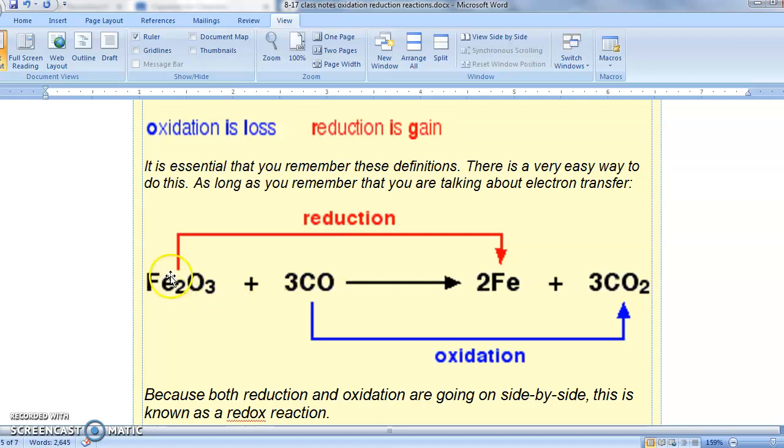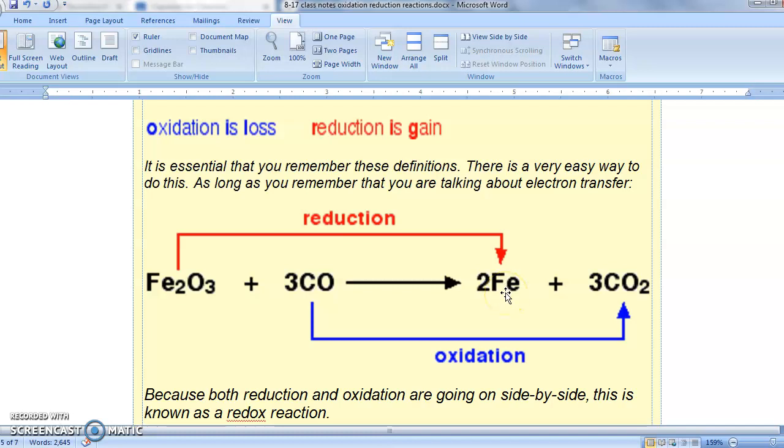Iron's oxidation number in this particular compound, this is iron 3 oxide: if you uncross it, the iron's 3 plus, the oxide is 2 minus. So iron's oxidation number here, since it's the 3 plus form of iron, is plus 3. Over here, iron's lost its position in that compound.